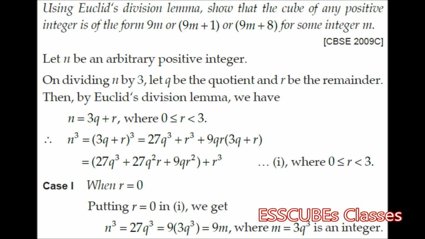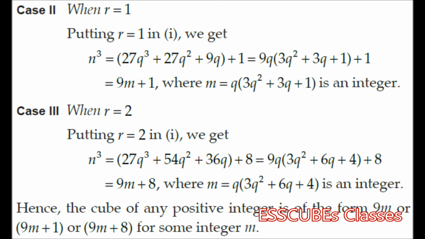Let's go to the next case. Here the remainder can be 1. If the remainder is 1, in that case the equation would look something like this: 27q cube plus 27q square plus 9q plus 1. Again over here we do the same trick. I represent this in the form of a multiple of 9.